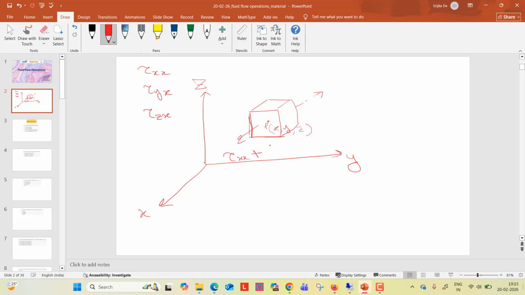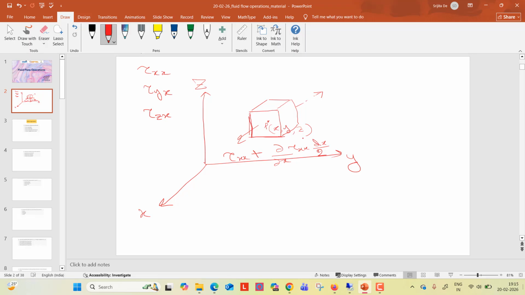At the middle the stress is tau xx, so in the plus half direction it will be tau xx plus del x of tau xx dx by 2, because we are considering from the middle of the cube, right?